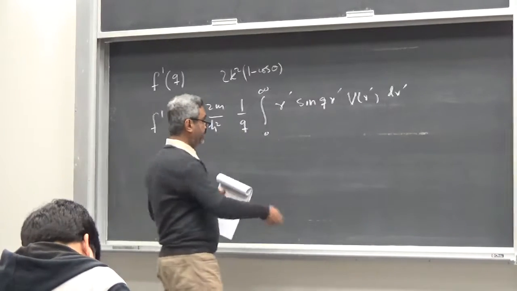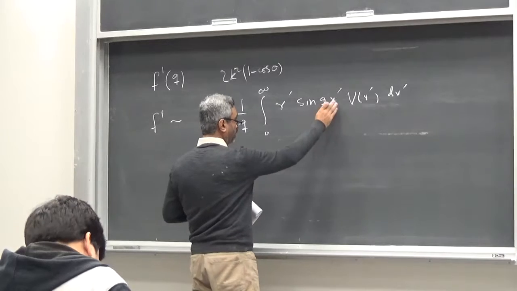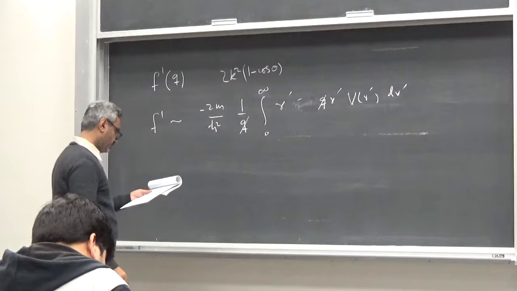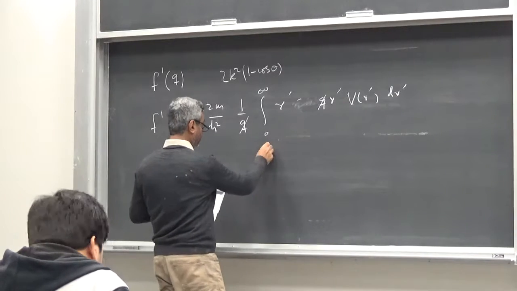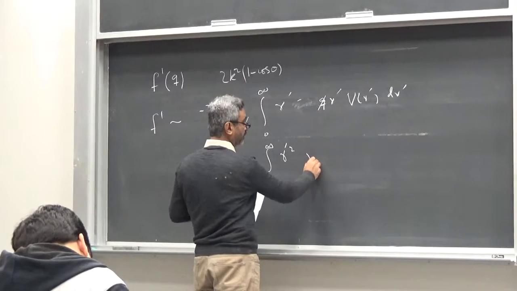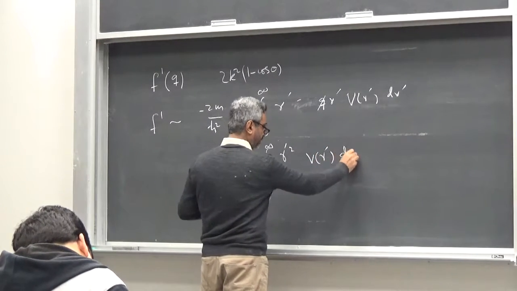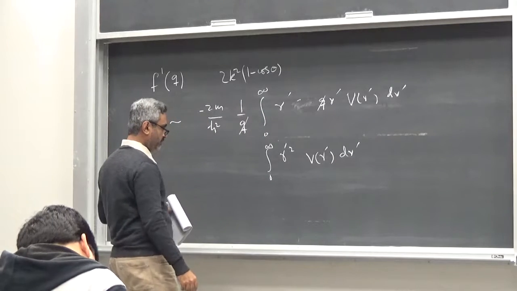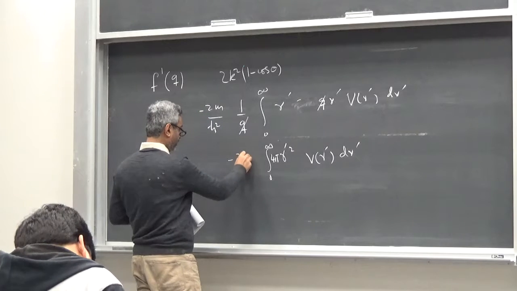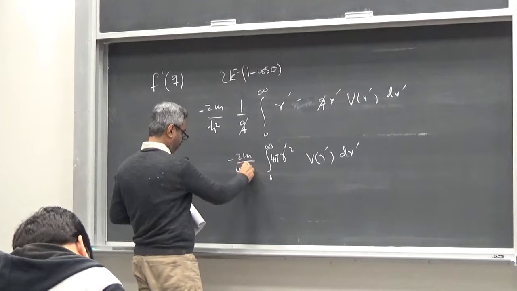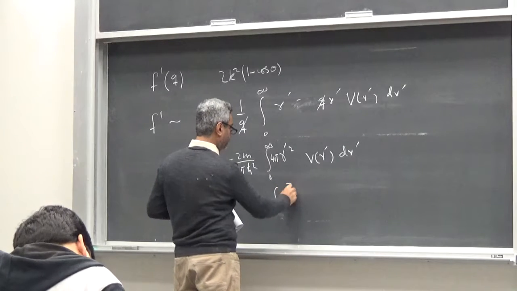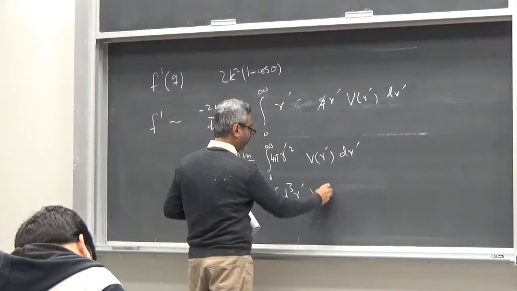Okay, so in that case, sine of qr is just qr, right? And this q cancels, and what you're left with is something like this: the integral of r prime squared v of r prime dr. And if you multiply with 4 pi and divide with 4 pi h cut squared, this would become the integral of d3r v of r.